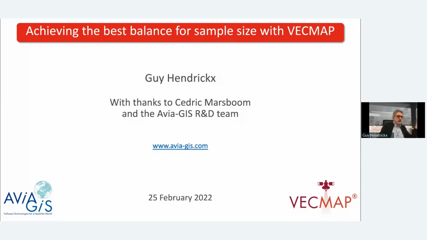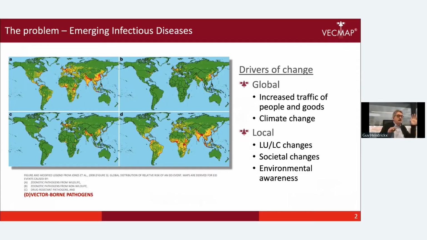So it all starts from the perspective: what's the problem? This is maybe a slide and maps that people have seen many times, but they are still extremely relevant. We have an issue with emerging infectious diseases, of which vector-borne diseases are a very important part.